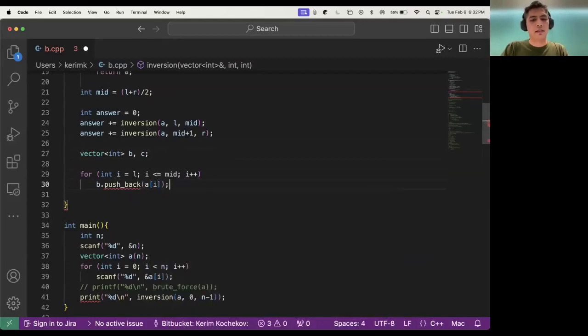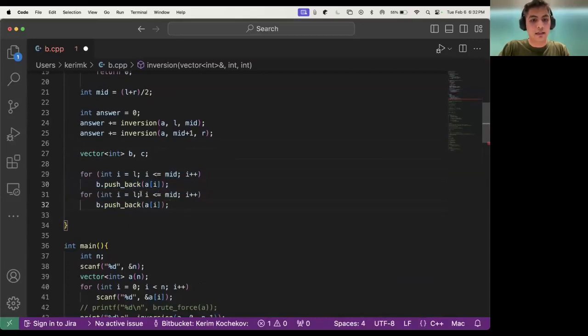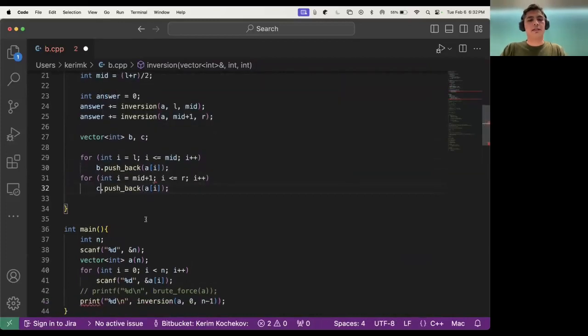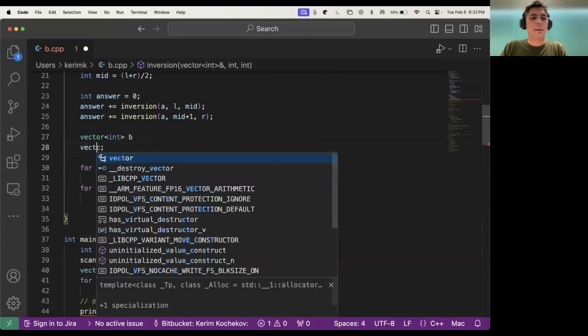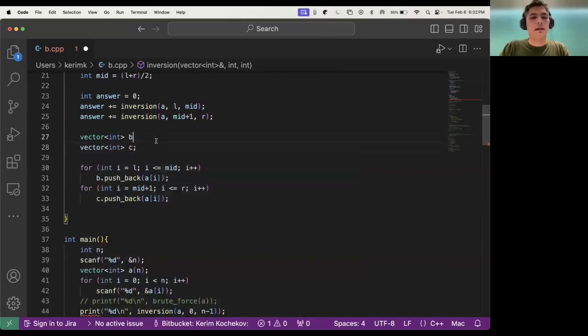So we just add a[i], and we do the same starting from mid + 1 to the r part. So now we have B and C. B is the sorted left part of A, and C is the sorted right part of A.